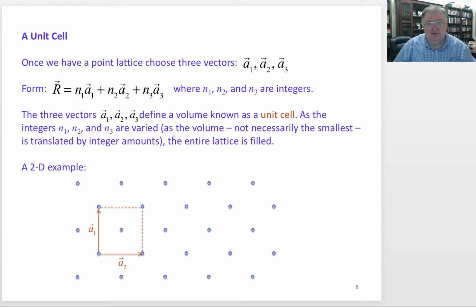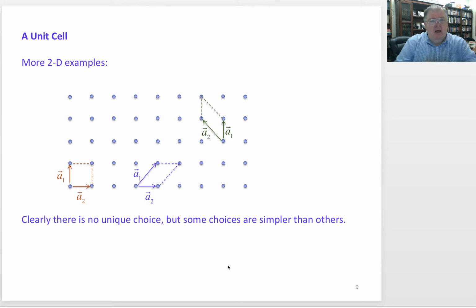You notice it doesn't necessarily have to be the smallest volume. The point is, though, as you vary the integers, you can fill this lattice, and I think that's easy to see in this 2-dimensional example. As I move by integer increments from any point to any other point, I fill up the lattice for myself. Okay, there's no unique choice of these lattice vectors.